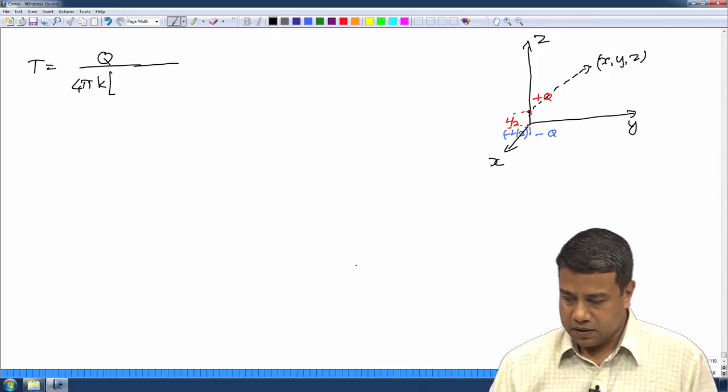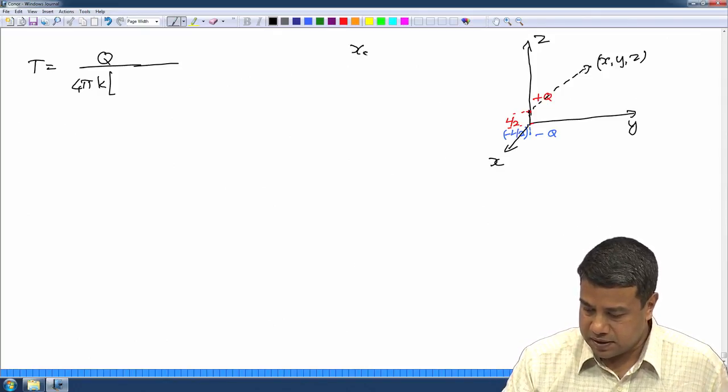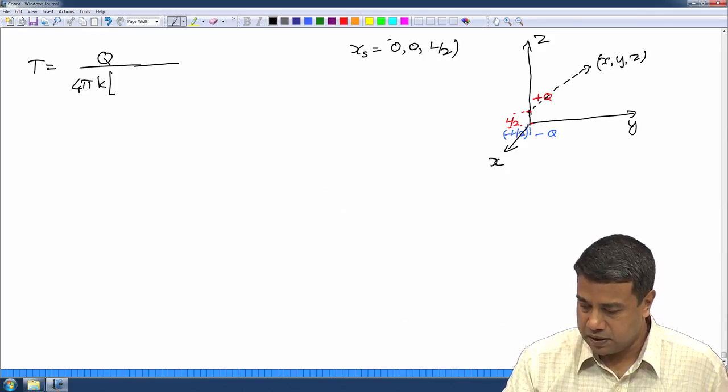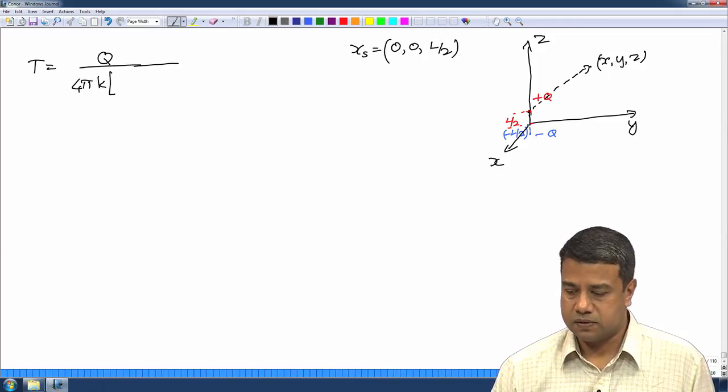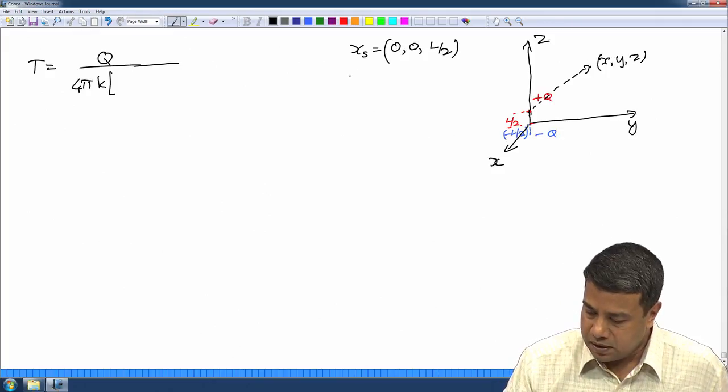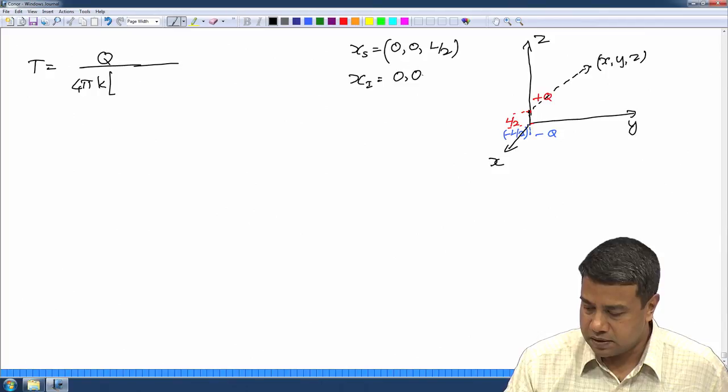The source location is at 0, 0, L by 2. It's along the z axis. So, the x and y coordinates are 0 and the z coordinate is at plus L by 2. The image of the source is at 0, 0, minus L by 2, that is the sink.